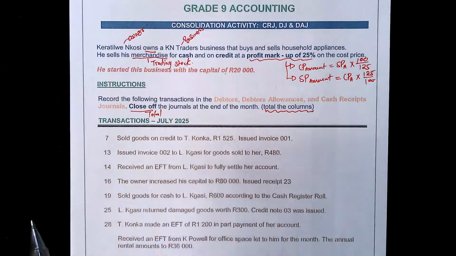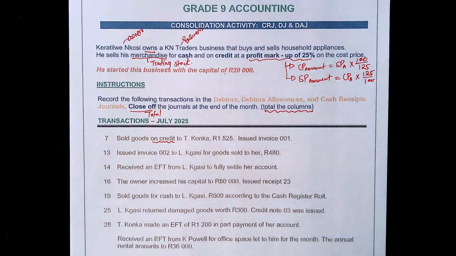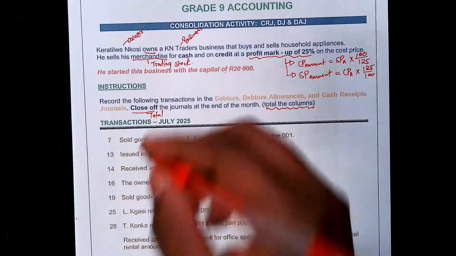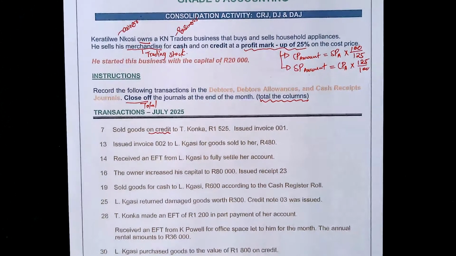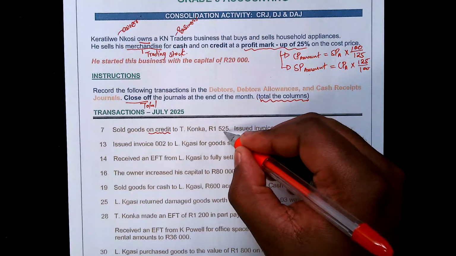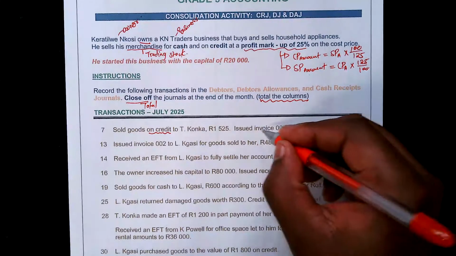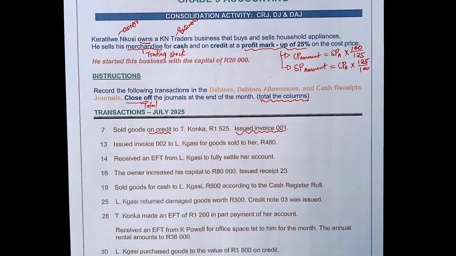Day 7, it says sold goods on credit. So we know that the goods are sold on credit. Already we know which journal this transaction will go into. To Tikonga for 1,525, issued invoice. Also check the invoice that was issued out.